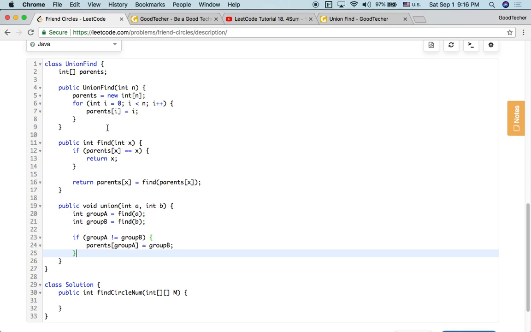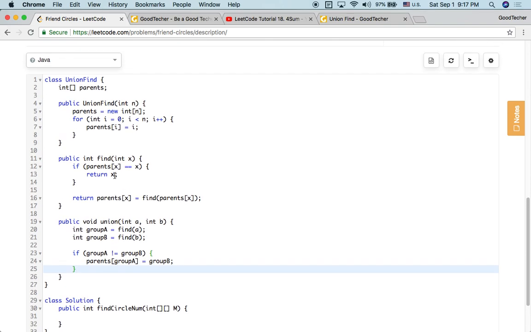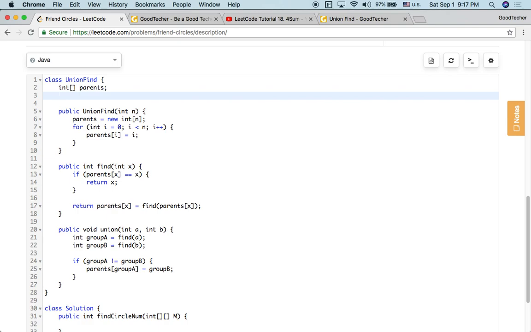Here we have already completed the basic structure for union find. For this coding problem, we can customize union find a little bit. For our friend circle problem, let's first introduce a private integer variable called circleCount.